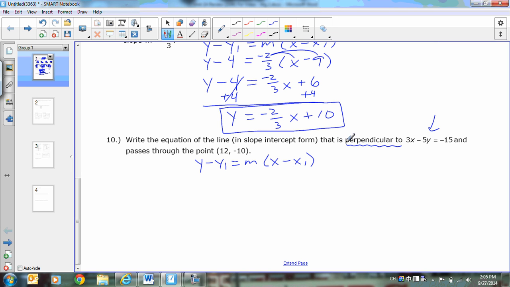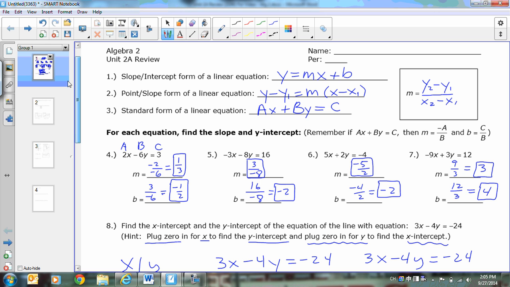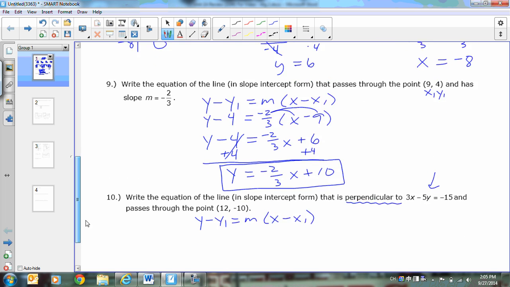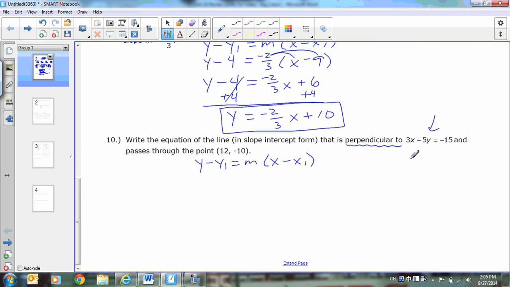Remember, we're looking for the slope of a line that's perpendicular to this one. Now, notice this equation is in standard form. That's why up here at the top of the page, I had you practice finding slope of a line when the equation is in standard form. You can do it quickly if you use the opposite of a over b. So to find a slope, we're going to take the opposite of a divided by b.